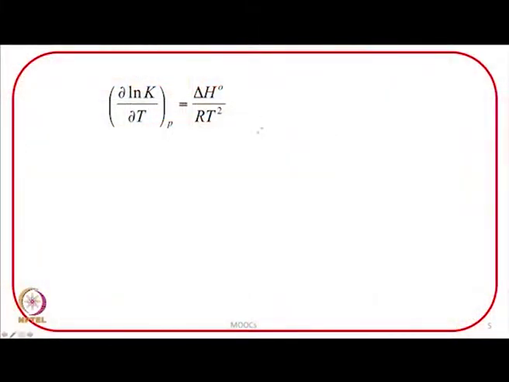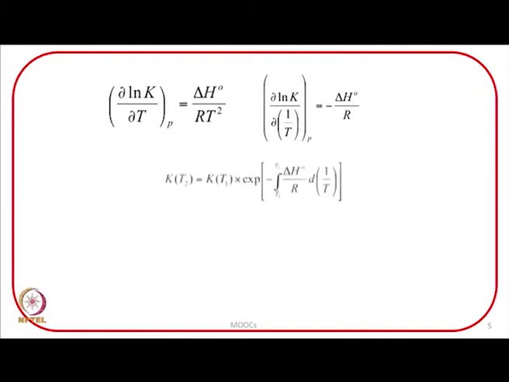Okay, this is the Van 't Hoff equation. We have discussed it many times. The Van 't Hoff equation can also be manipulated and rewritten. Mathematical manipulation of this allows you to write in this form.